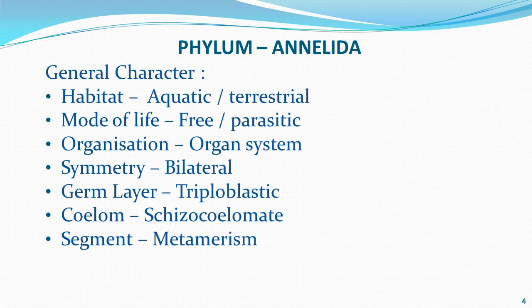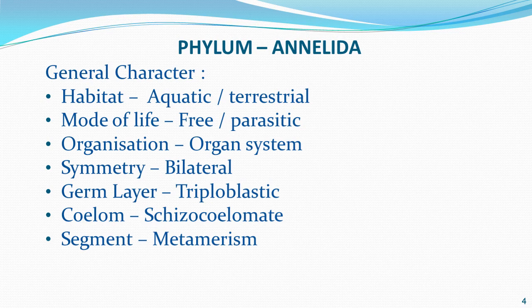Then germ layer is triploblastic, meaning the embryo consists of three layers: ectoderm, mesoderm and the innermost endoderm. Then the coelom is schizocoelomate type. What do we mean by schizocoelom? True coelom, the eucoelomate, is of two types: schizocoelomate as well as enterocoelomate. Here the coelom is schizocoelomate type.